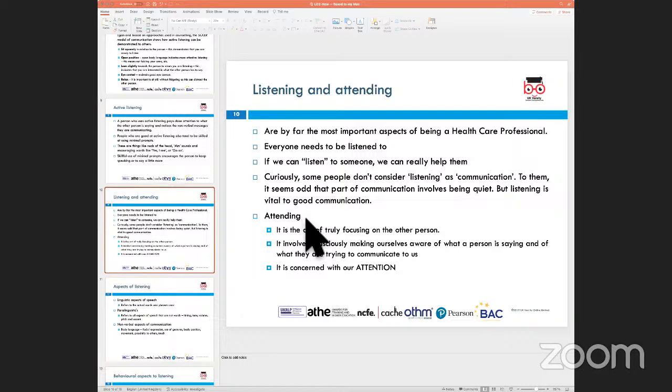In those cases, we would ensure that we are able to pick up the basics with regards to understanding what the patient is actually trying to communicate.